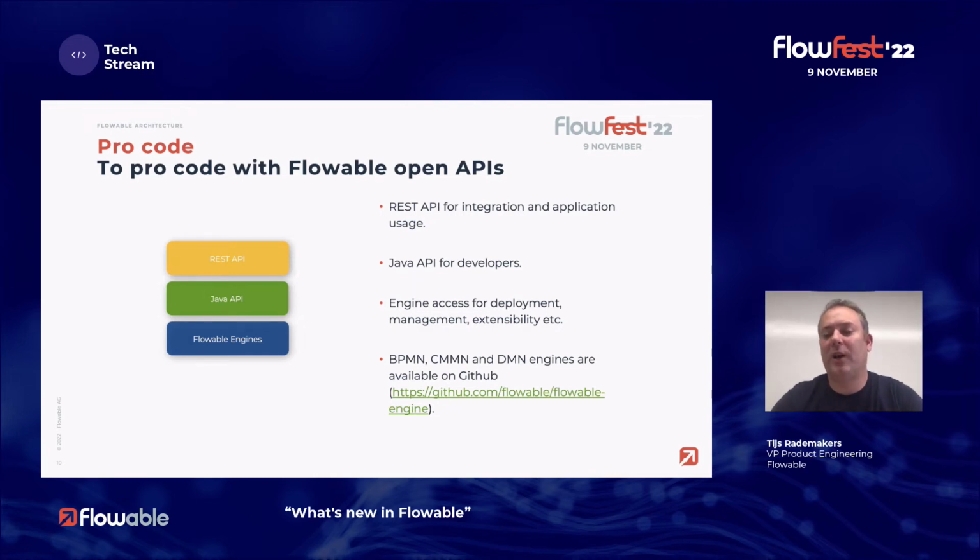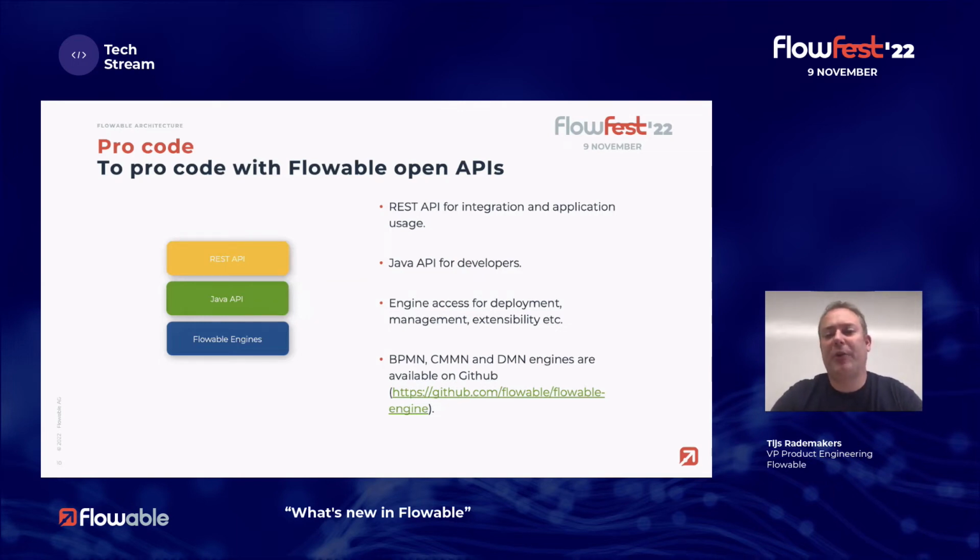And that's one of the other important aspects of Flowable, that although we are a low-code platform, there are still all possibilities to work with our APIs. And that starts with the REST API level. So you can do integration or call a REST API endpoint for a specific UI application that you want to build. We have really a lot of endpoints that you can use to get process information, get case information. A lot is available.